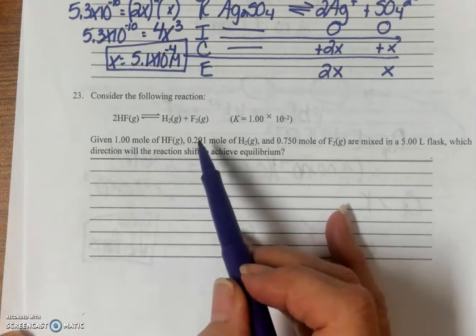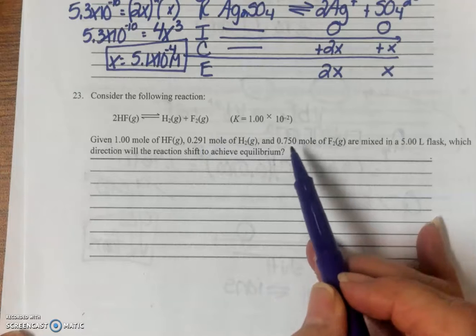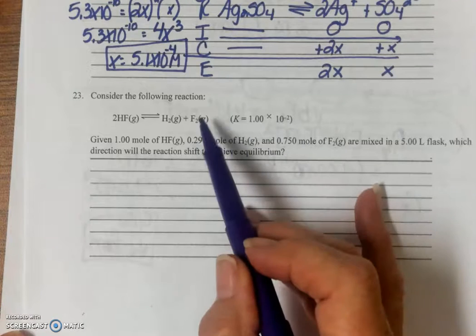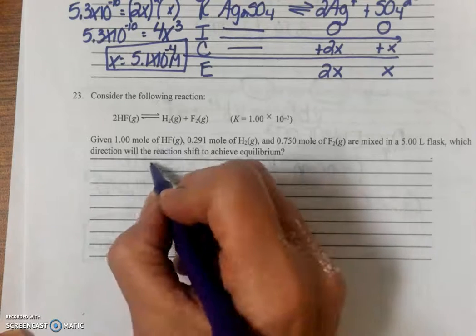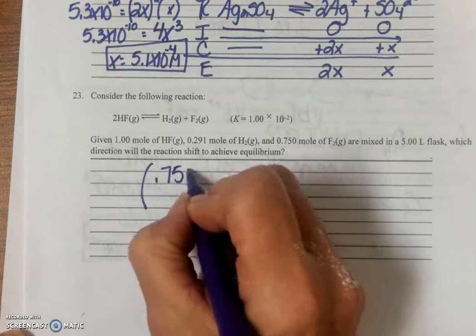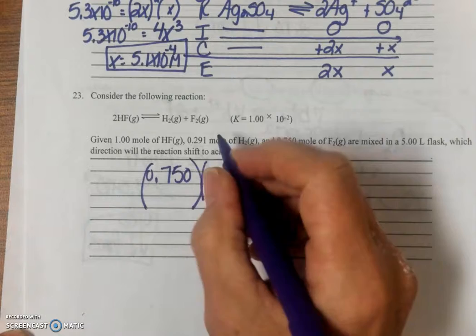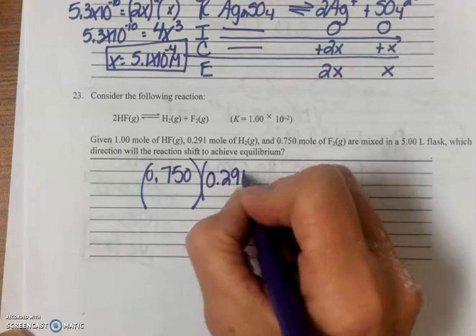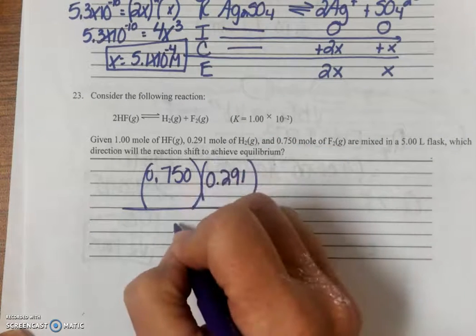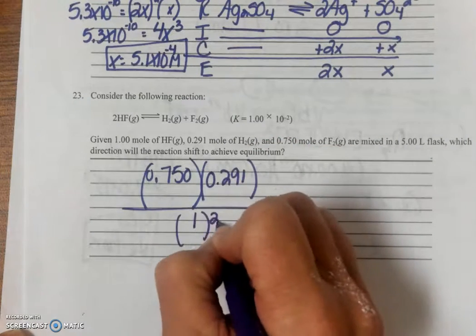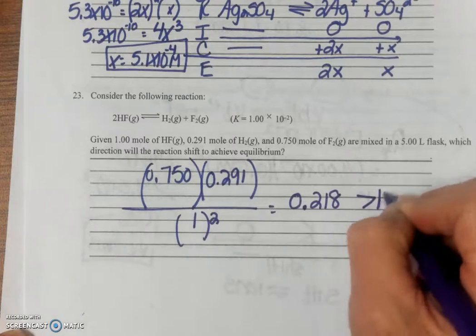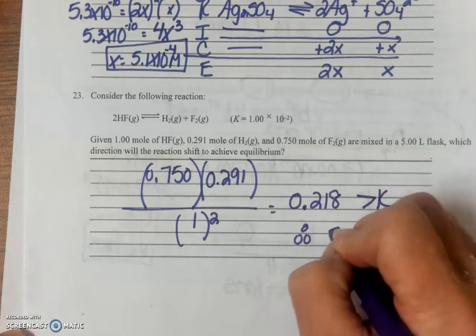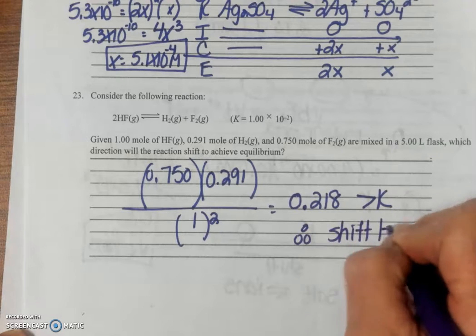I've got 1 mole, 0.291 moles, and 0.75 moles. I plug all that in. Let me just write this out. 0.75 times 0.291 divided by 1 squared is equal to 0.218, which is greater than K. Therefore, I shift left.